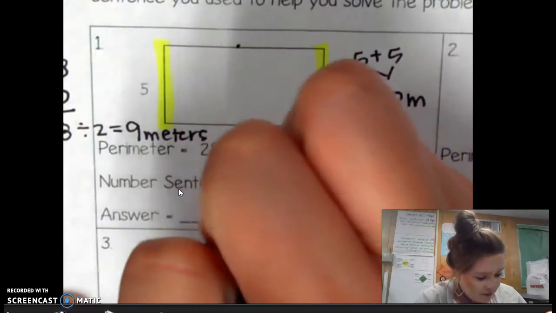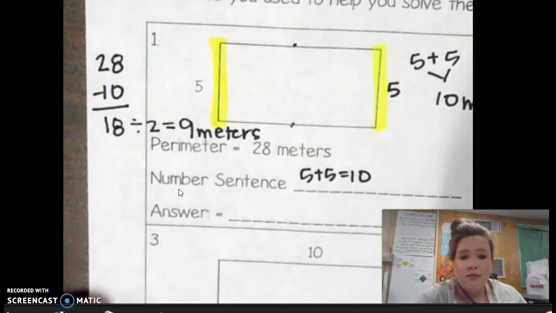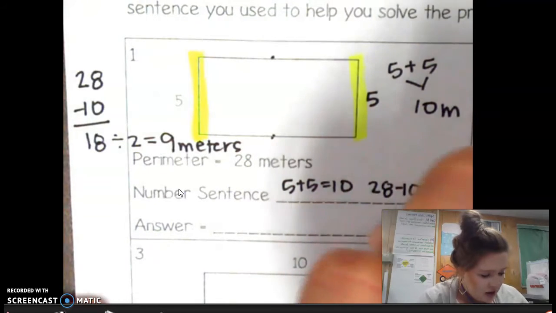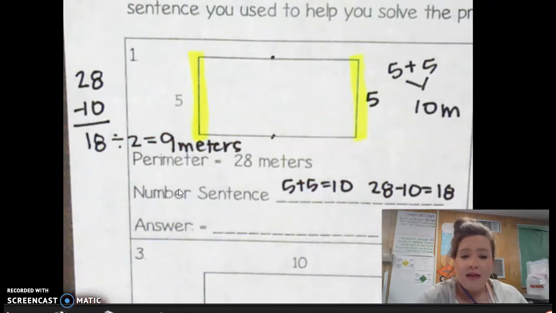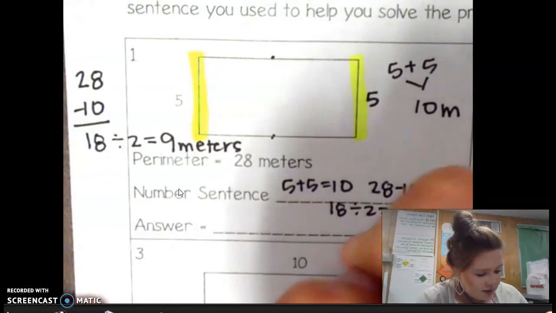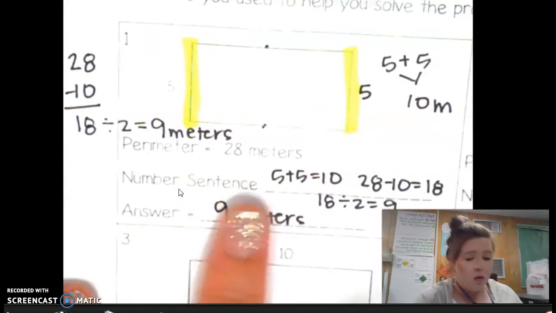We did 5 plus 5, which equals 10. Then what did we do? 28 minus 10 equals 18. And then what did we do? 18 divided by 2 equals 9. So the answer is 9 meters because one side length is 9 meters long.